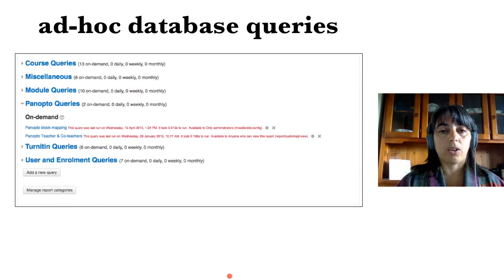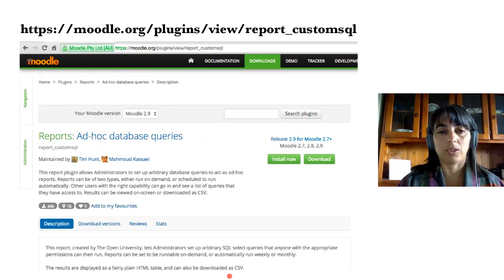We also have Ad Hoc Database Queries, which is a third-party plugin that I use all the time for reporting purposes. So this lets you create custom queries, and they just sit within the reports area of your site administration. So this is for administrators, and that can be downloaded via the Moodle plugins area.